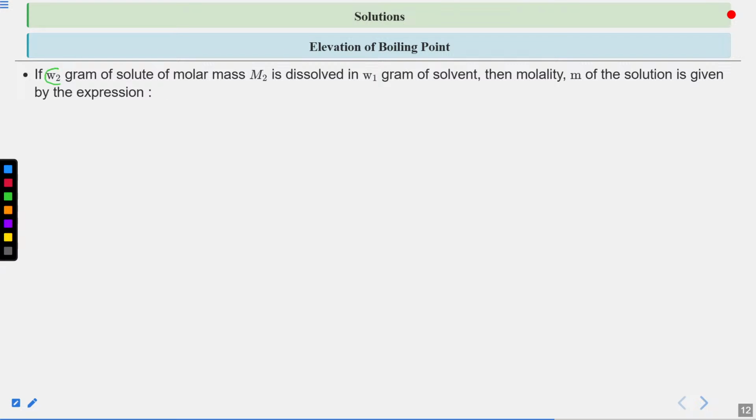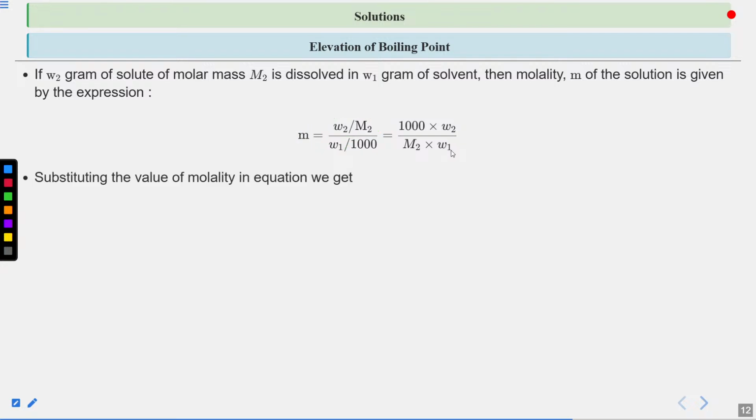Further, if you take the values of the masses as well, then we can write molality as the number of moles of the solute, which is given mass by molar mass, divided by the mass of solvent in kg. Since the mass of the solvent is given in gram, divide it by 1000 to get it in kg. Just rearrange and get your molality. Then substituting this value of molality in the final equation, we get delta TB equals Kb into 1000 into W2 by M2 into W1.